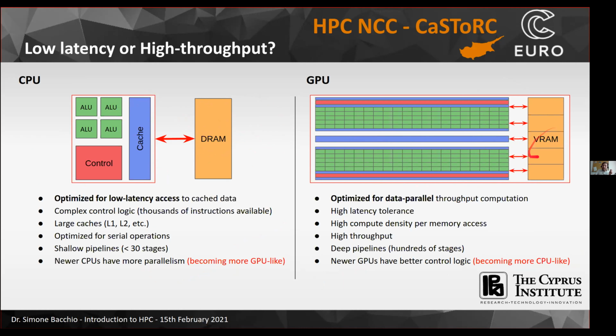It requires a VRAM for fast data access. This is a large memory, usually of the order of gigabytes. Then it has thousands of logic units, smaller ones, but thousands of them, and smaller cache and smaller control units.